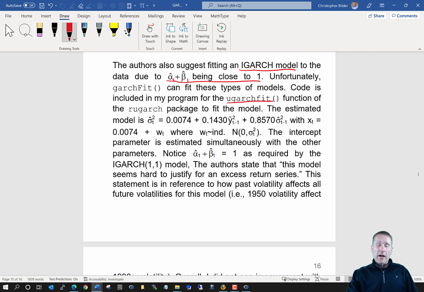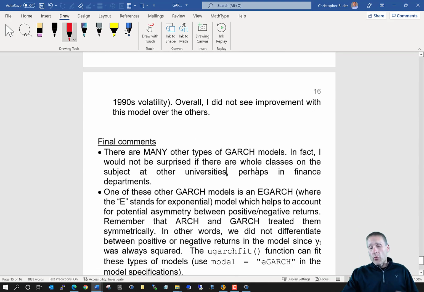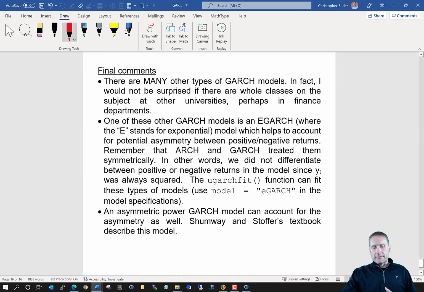In my program, I give details about how to do that. It's not too difficult. And this is the actual model that I get. Notice how alpha hat 1 plus beta hat 1 is equal to 1. So that would be another option.